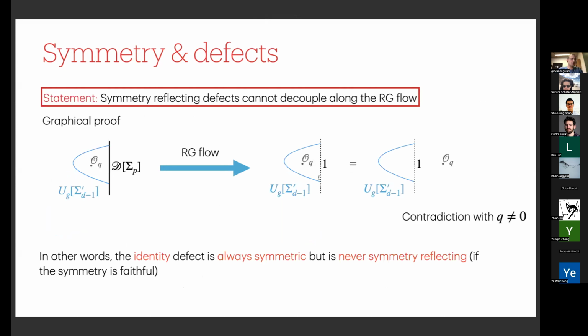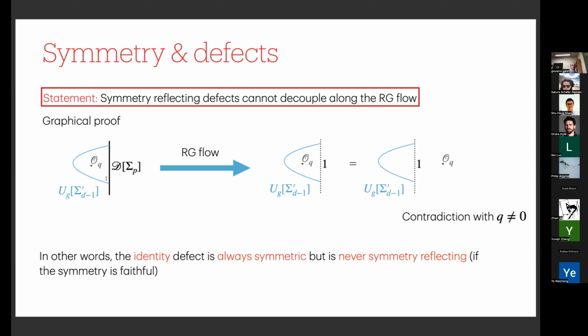Okay, so let me now make the much stronger statement, which is the one about RG flow. The statement is that symmetry reflecting defects cannot decouple along the RG flow. Given the definition I gave you, now I think it becomes clear why. This is just the fact that the configuration of the symmetry operator ending on the defect is topological, as I was saying.